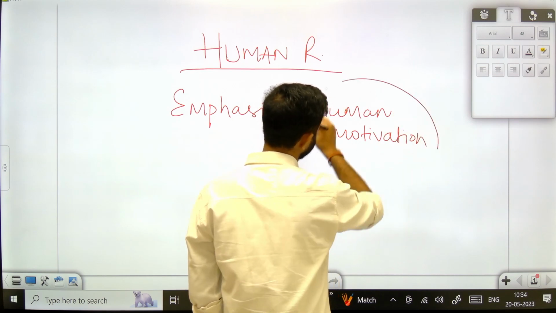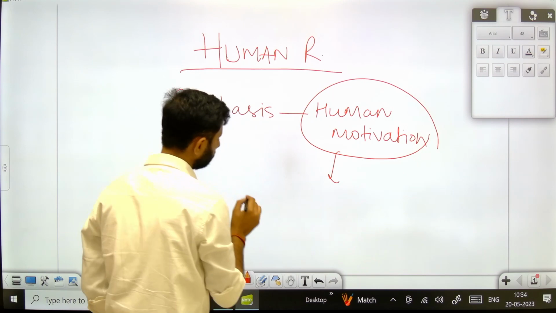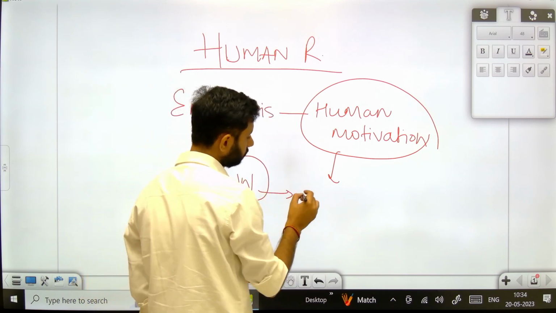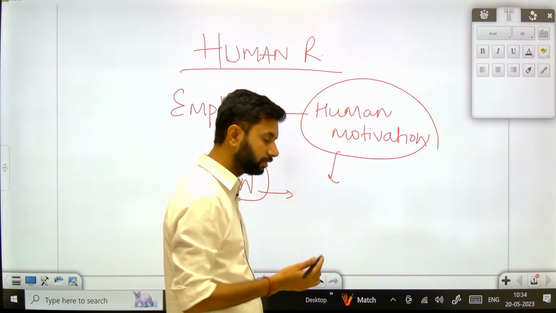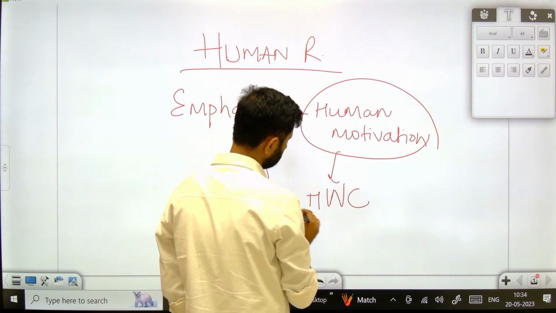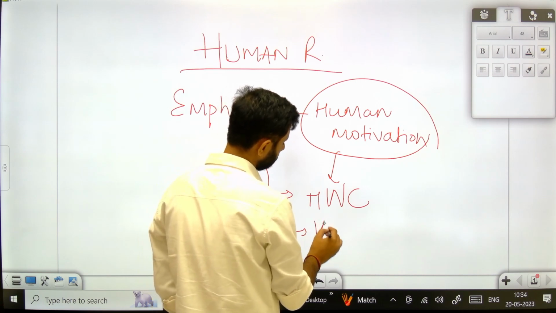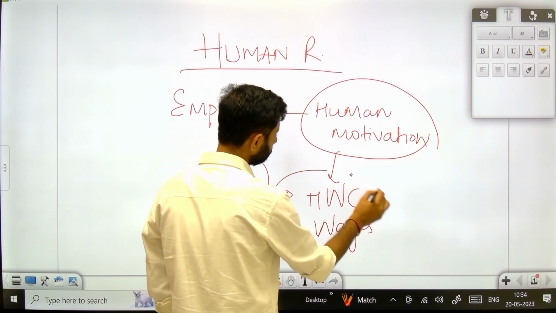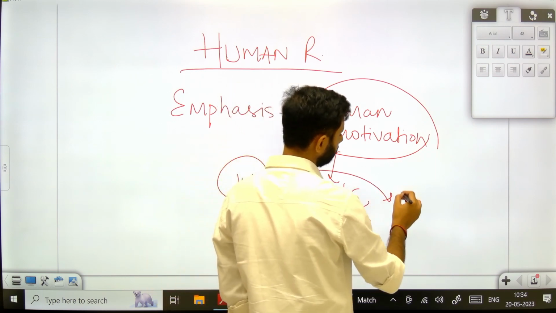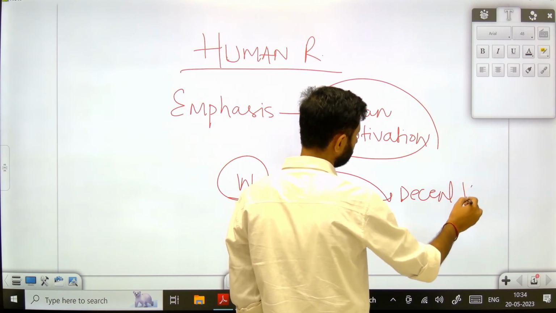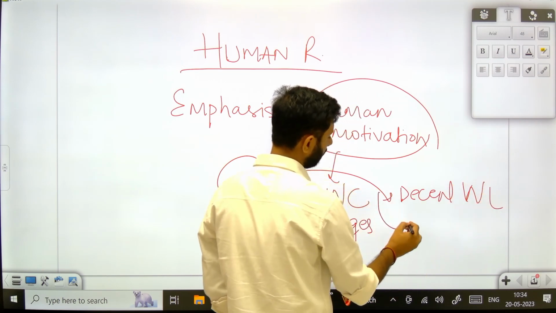What does any human want? Workers especially want healthy working conditions, good wages, decent workload, work-life balance.